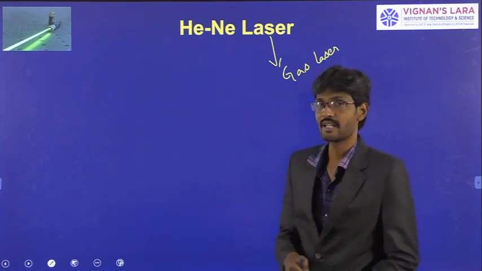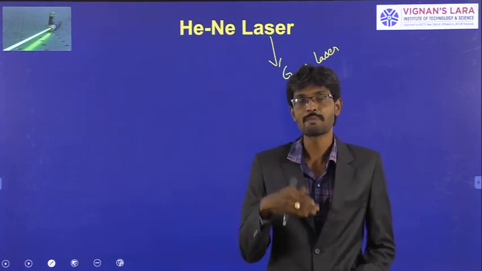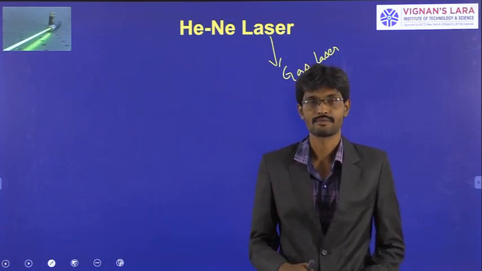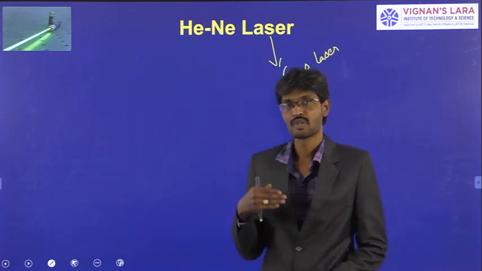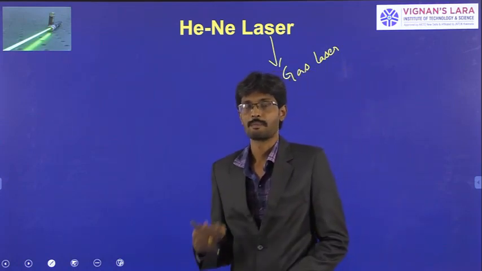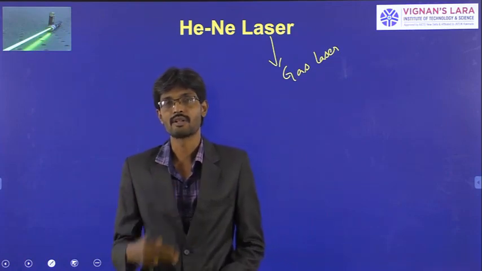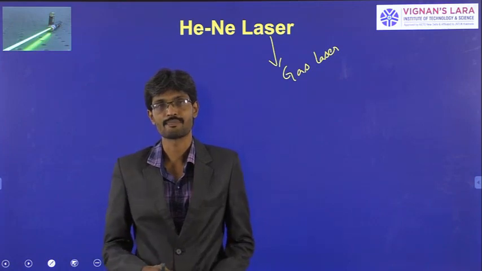These gas lasers have very good applications when we compare them to solid state lasers. The solid state lasers will produce laser, but the output given by the solid state laser will be pulsed in most of the cases.